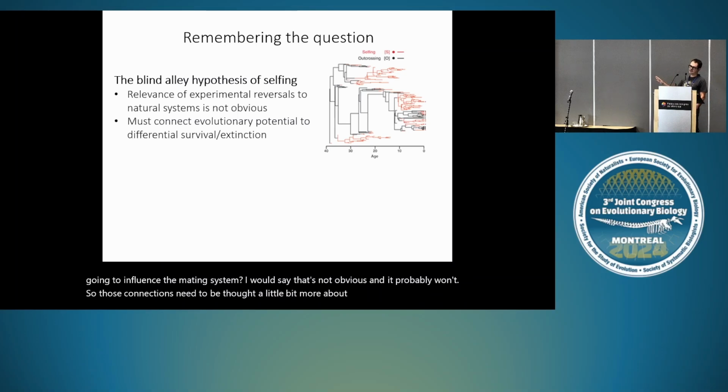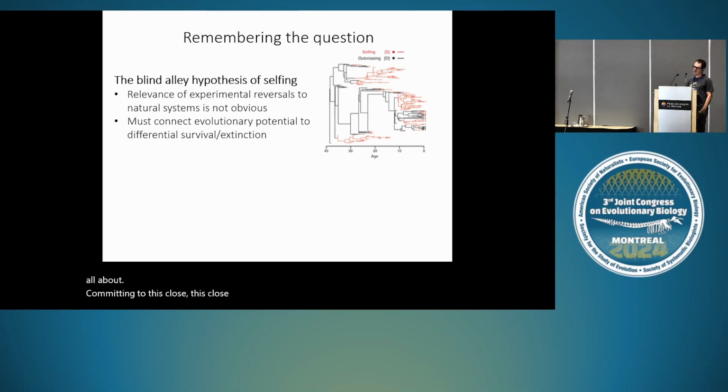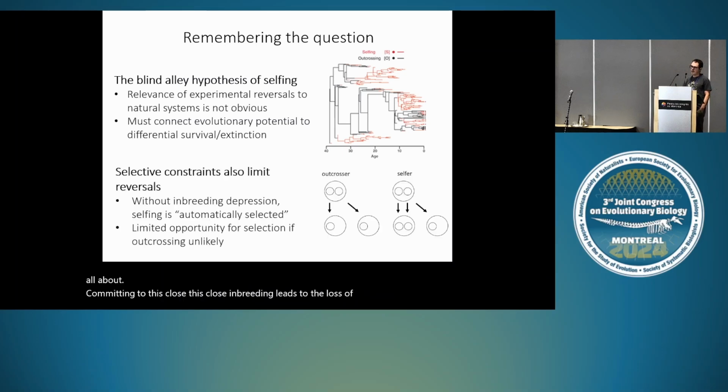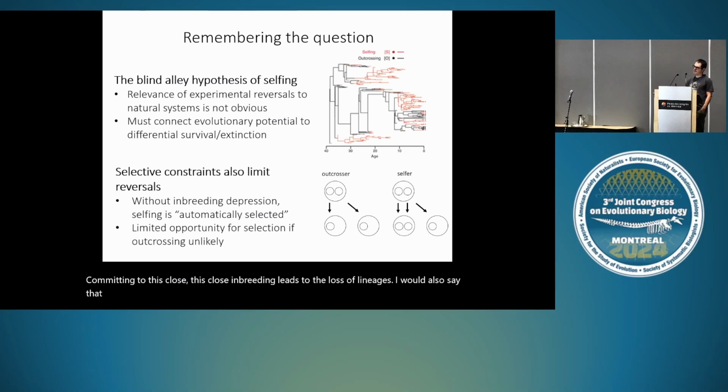And like many talks here, I think we still need to work on connecting these observations we make in controlled settings to differential survival and extinction, say, in nature. Because that's really what that hypothesis is all about. Committing to this close inbreeding leads to the loss of lineages. I would also say that this whole talk has been an obsession about genetic variation. I think most talks tend to be in evolutionary biology.